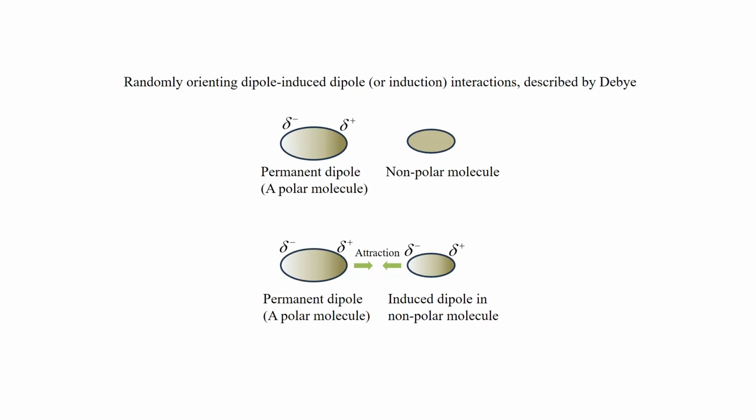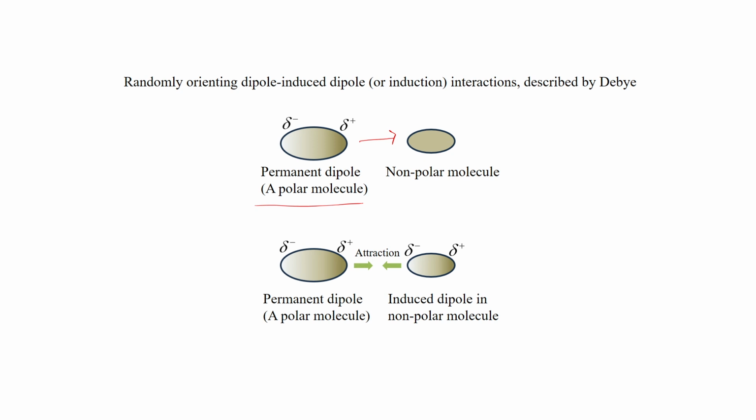Then there are interactions in which there is one permanent dipole molecule. This is a polar molecule, and it is in contact with another molecule which does not have any dipole moment, a non-polar molecule. But this dipole can induce polarity in the other molecule, meaning it can deform or reorganize the electron cloud around its nucleus.